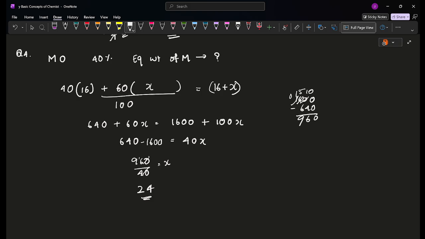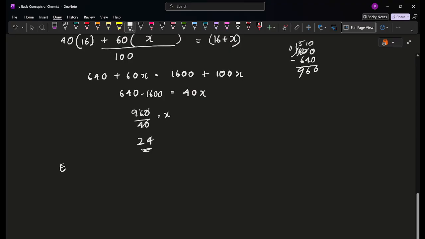So the n factor of the metal would be the molar mass divided by 2. If they had asked for molar mass, we could have written 24, but they've asked equivalent weight, which is 24 divided by 2, 12. So that's exactly how we get it.